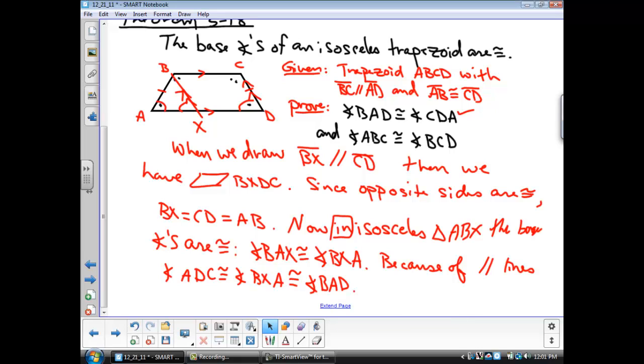Now, since these angles are congruent, and with parallel lines, same side interior angles are supplementary, then these two angles, angle B and angle C, will be supplements of congruent angles.